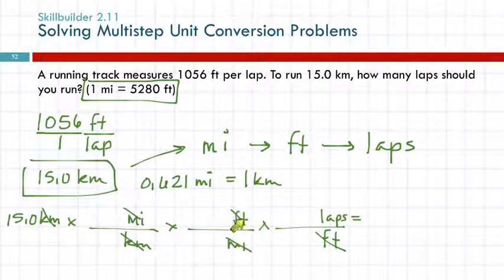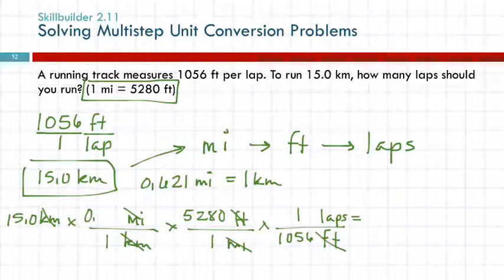So this is the one that has feet and miles: 1 mile, 5,280 feet. This is the relationship between laps and feet: 1 lap is 1056 feet. The units tell me where to put the numbers. And then the one we had so much trouble with, 1 kilometer, 0.621 miles.